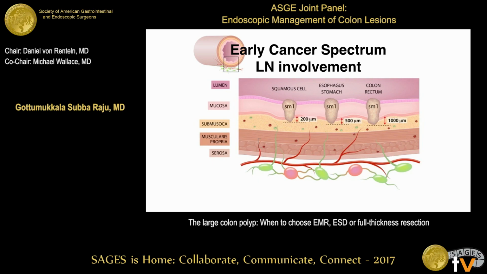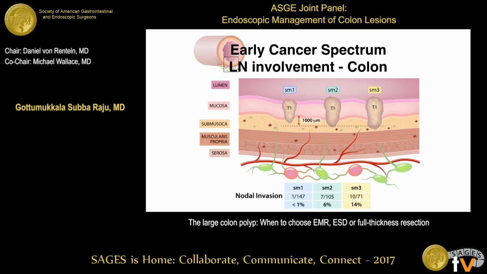Next comes the gastric cancer, next comes the colon cancer. In terms of the frequency of lymph node involvement in lesions going into the submucosa, whether it's the upper one-third, middle one-third, or lower one-third of the submucosa, the lymphatic involvement changes.